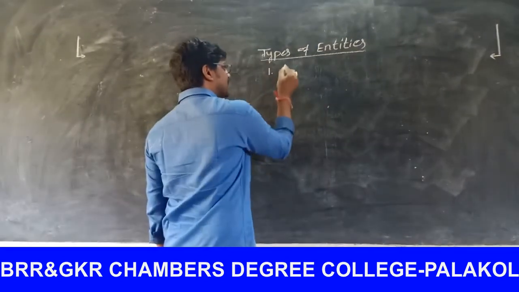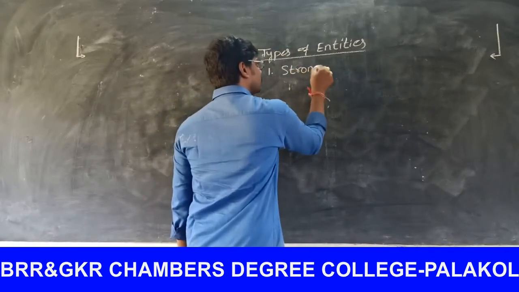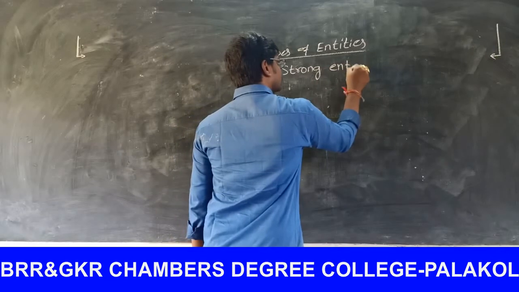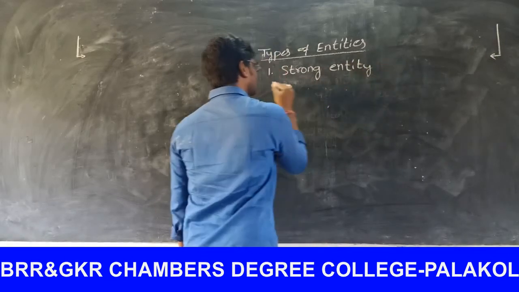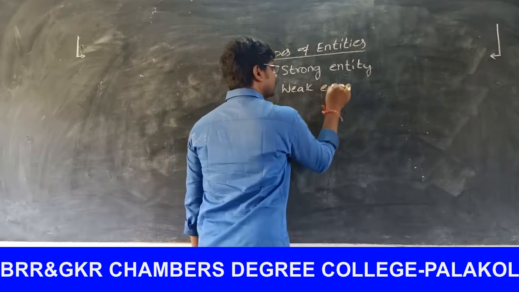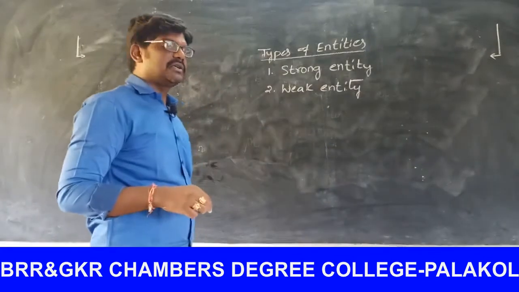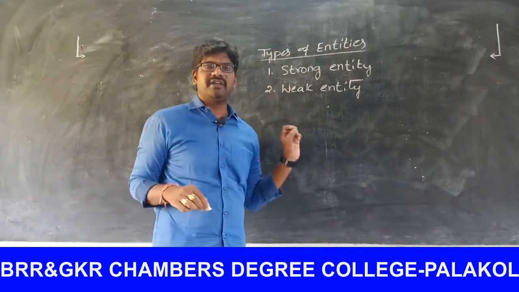There are two types of entities. One is strong entity and weak entity. So strong entity and weak entity.